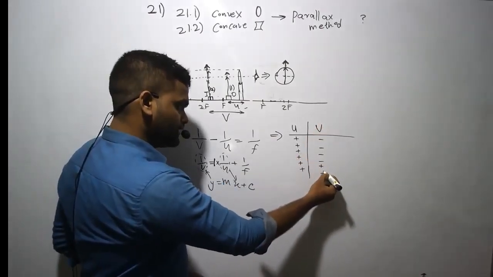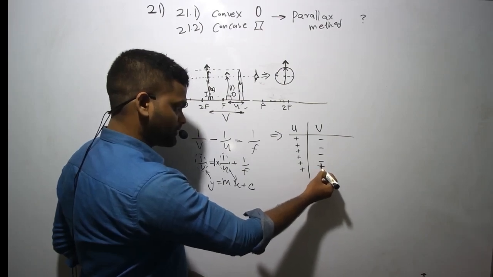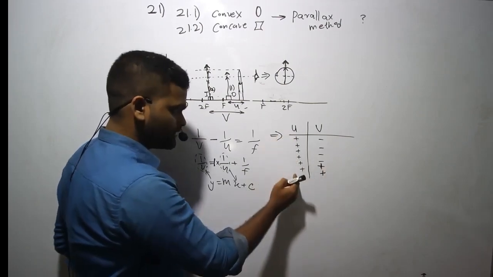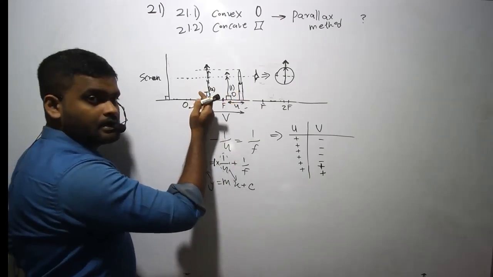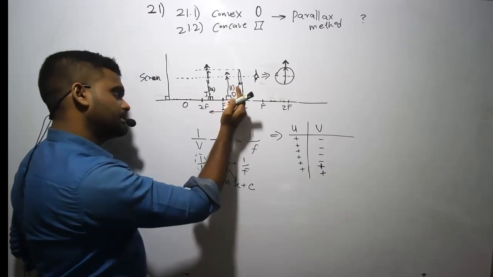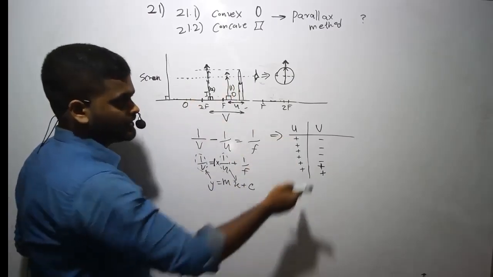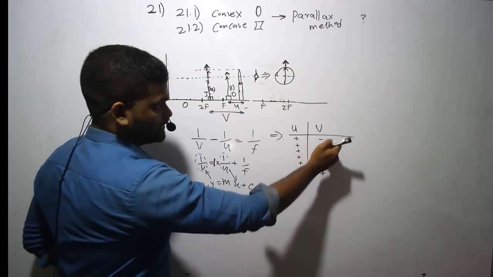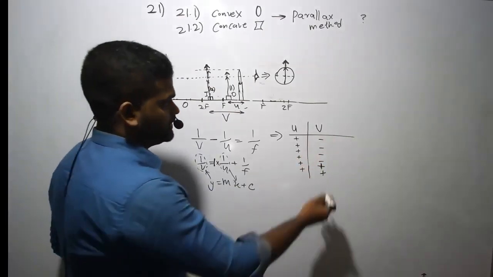Then 2 virtual images. U values are always positive, right? Because we only place the object here. Here we are not discussing about virtual objects. We are only thinking about real objects. So all the U values are positive values. Then we got 4 real images and 2 virtual images.